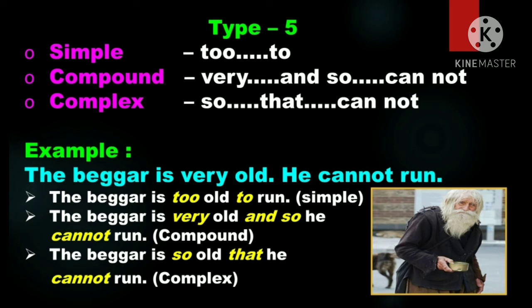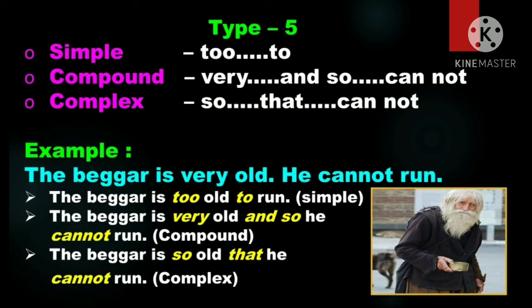Look at the example. The beggar is very old. He cannot run. So, when we change this sentence into simple, then we should use "The beggar is too old to run."